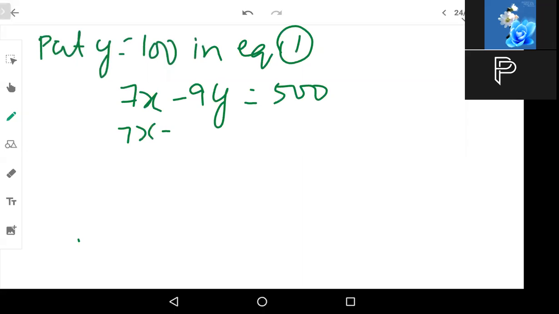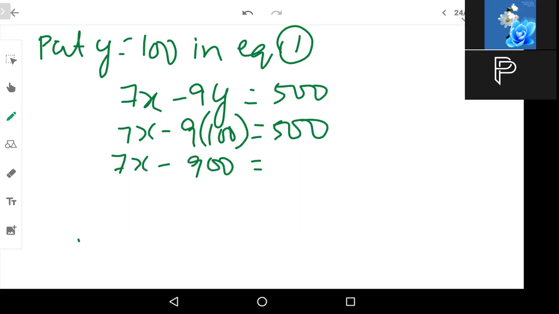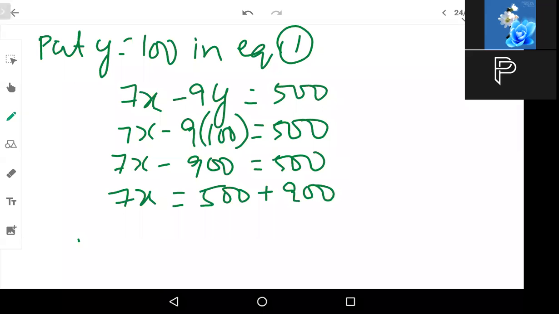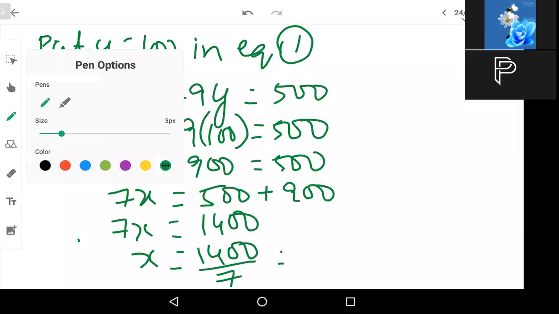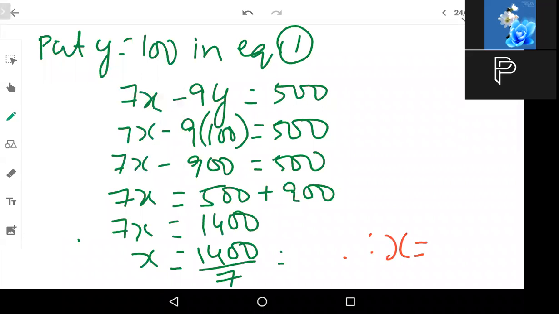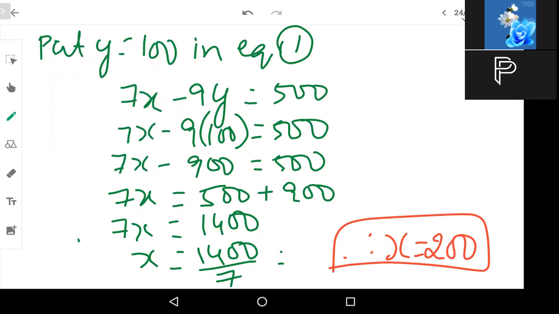So 7x minus 9 into 100 is equal to 500. 7x minus 900 is equal to 500. 7x is equal to 500 plus 900. So 7x is equal to 1400. x is equal to 1400 by 7. So therefore x is equal to 200. Everybody got the same answer?